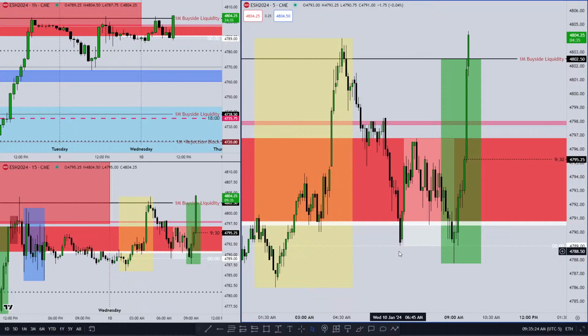So there's that previous day high, just swept. And NASDAQ's price is still stuck behind, so I'm closely watching for an SMT or signs of a reversal.